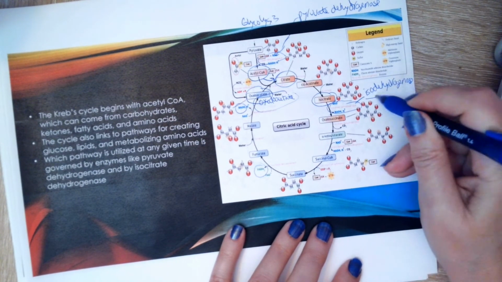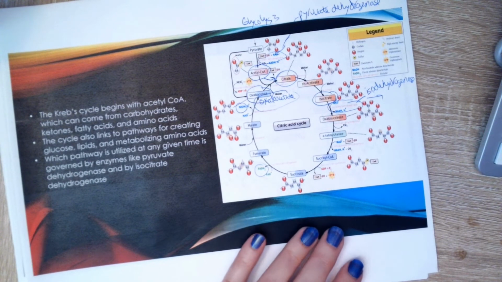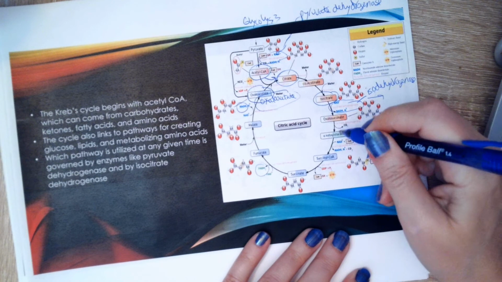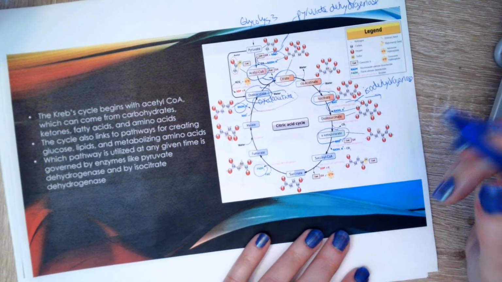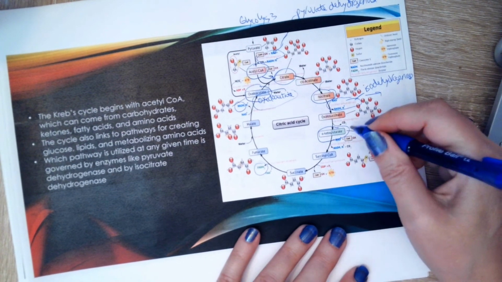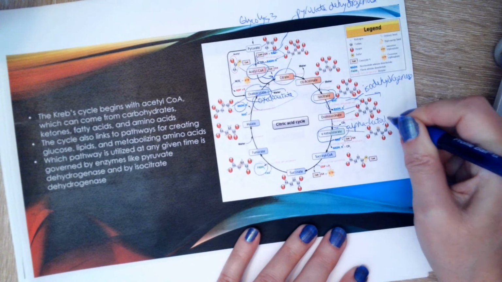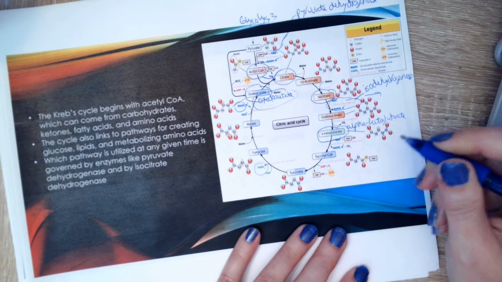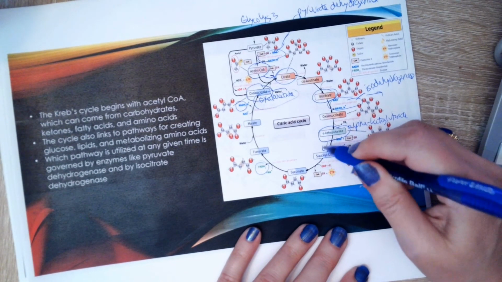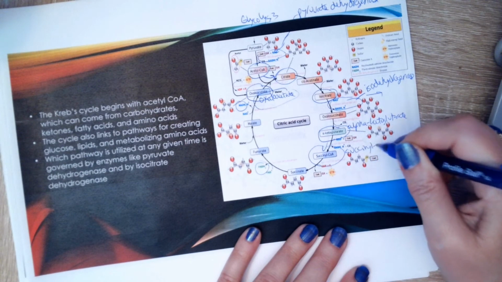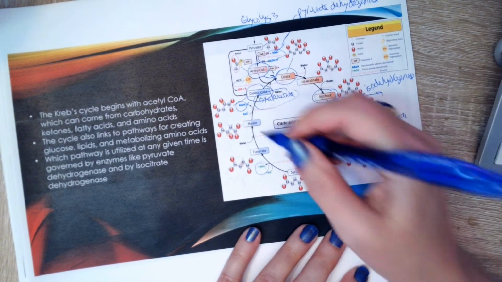This is a branching off point for some fatty acid synthesis. We also need to look at alpha ketoglutarate. That's something else that we have seen before. And then as we get into over here, succinyl-CoA and fumarate.